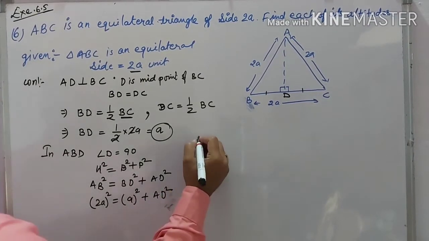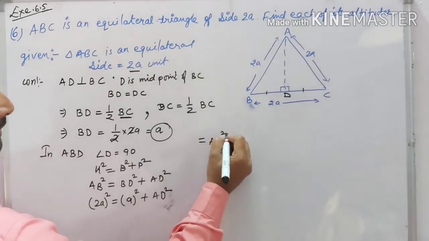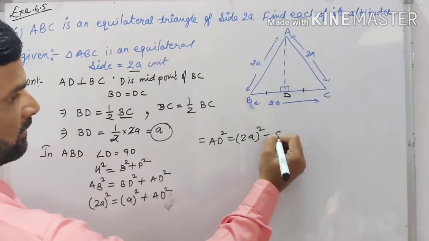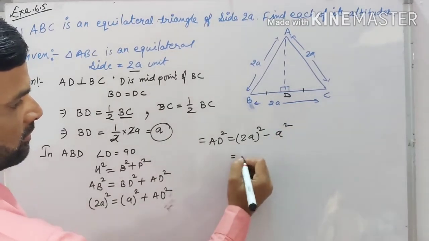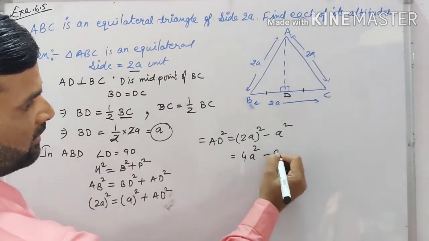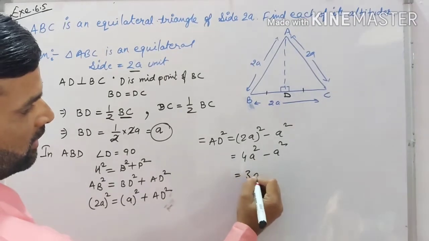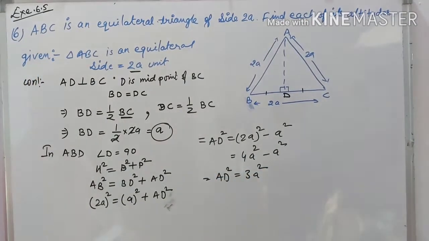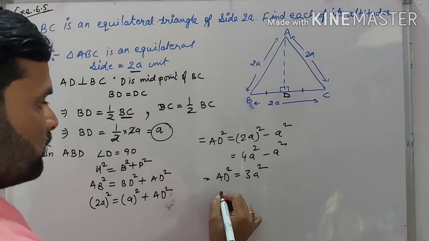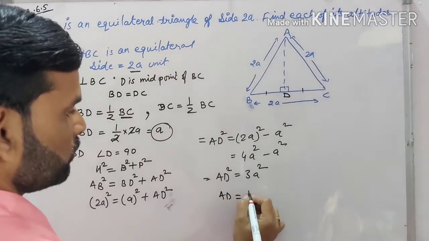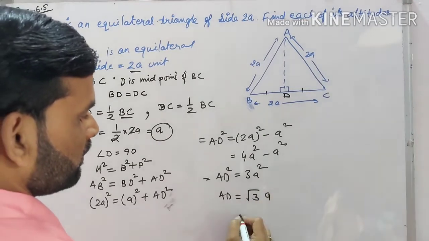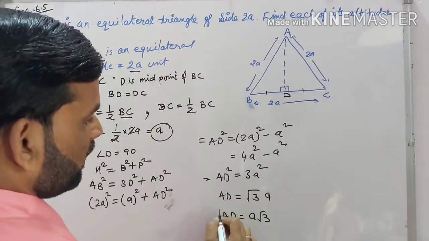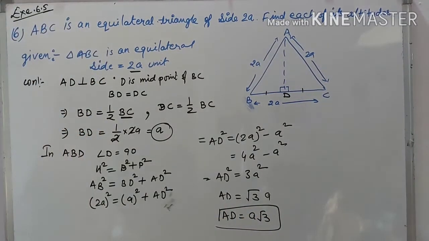So AD square is equal to 2A square minus A square, which means 4A square minus A square is equal to 3A square. So AD is equal to root 3 A. You write that A root 3 is the length of the altitude of triangle ABC.